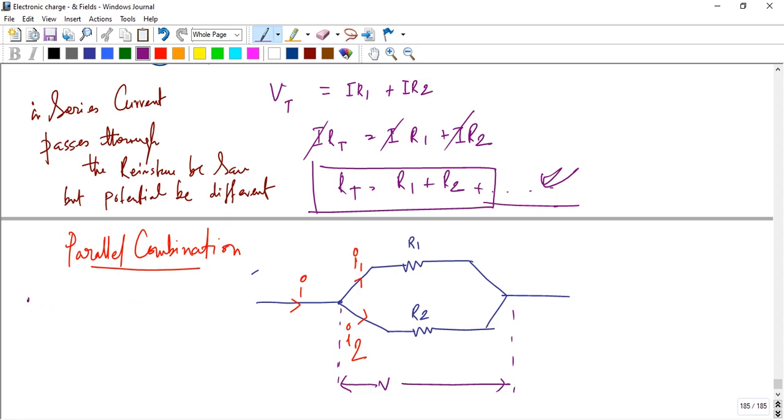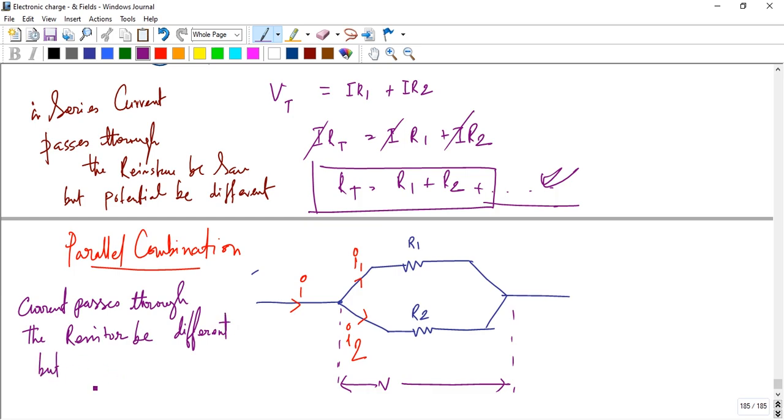The current passing through the resistors is different but the potential is the same.